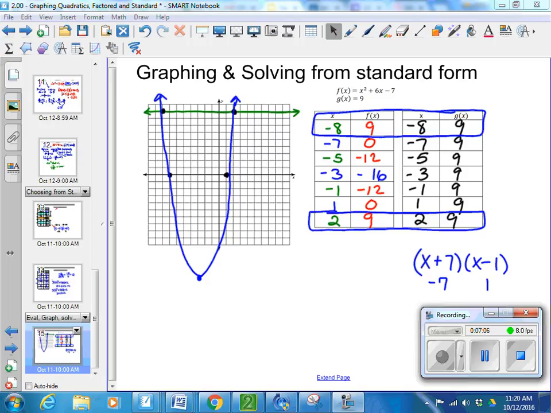But the main thing I was looking for was where this occurred. So using my table, I was able to see where that occurred, and then I was also able to graph it so that I can see it visually. But that's how you solve using your graph and using all the techniques that we did beforehand.